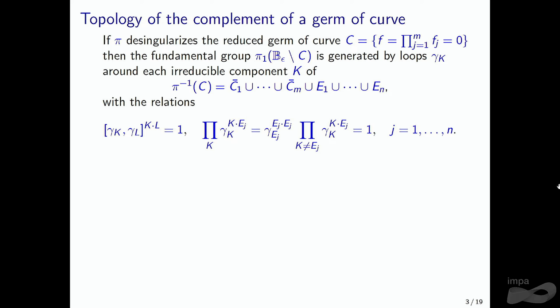This is a consequence of the Seifert-Van Kampen theorem, and the relations are: we have a commutation between the loops associated to components that meet, and for each irreducible component J of the exceptional divisor, we take the product of all the loops associated to components that meet the component J, and it is equal to the loop along the component J to the minus the auto-intersection. This is the result that one can show.